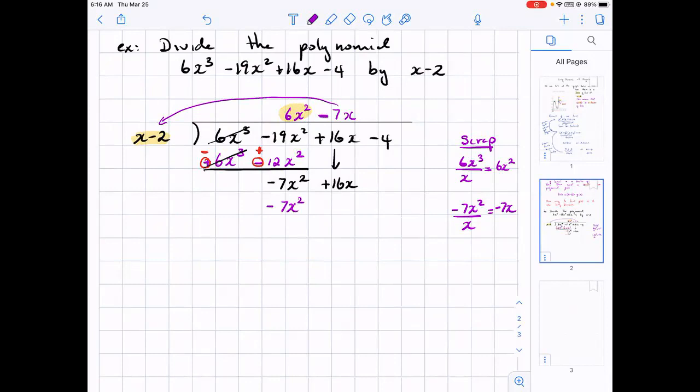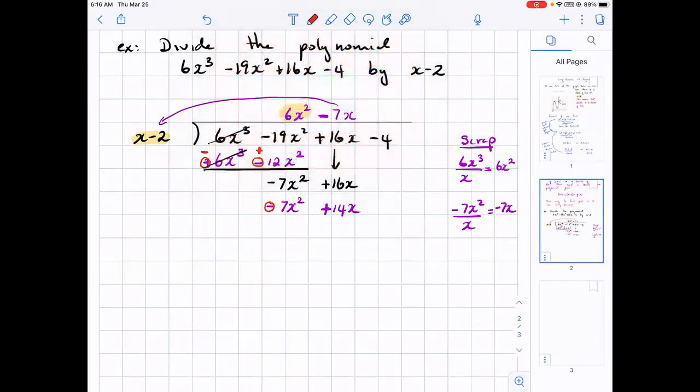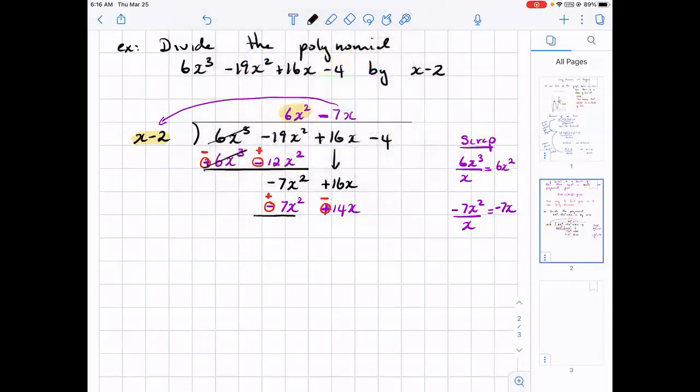And minus 7x times minus 2 becomes plus 14x. Okay, don't forget, the signs always have to be changed to the opposite. And if you're wondering why we're doing that, if you review the video we have on division of polynomials that I've created, you will see I explain it in detail there. Okay.